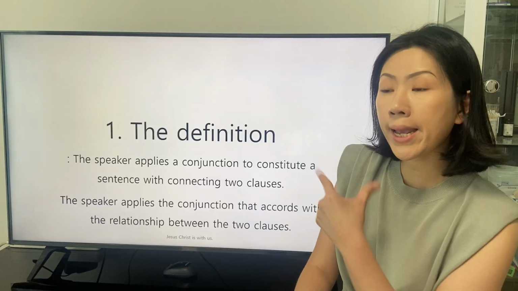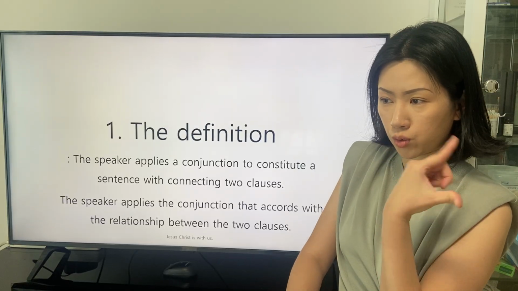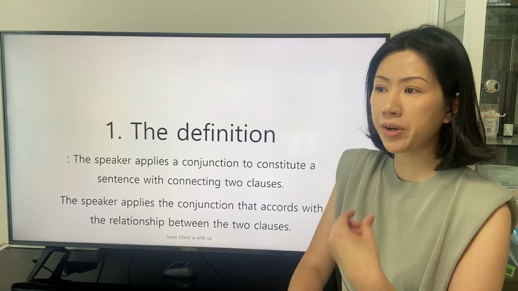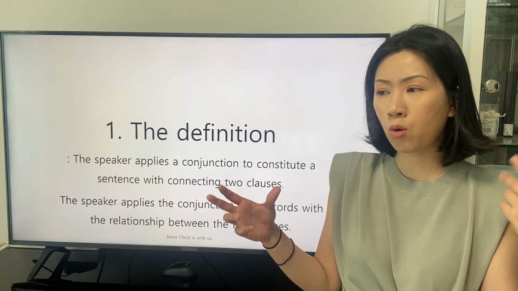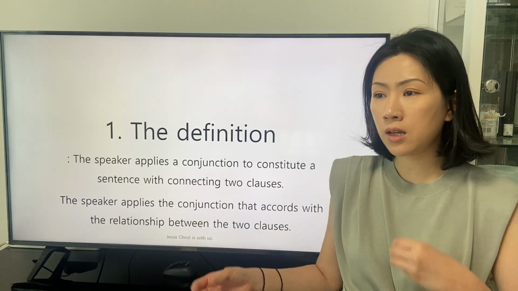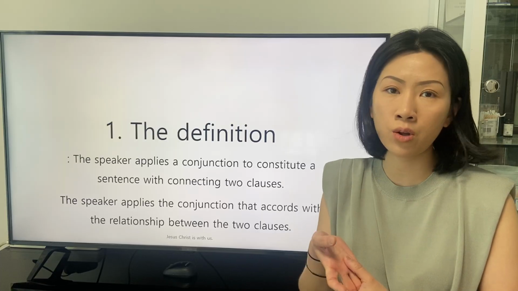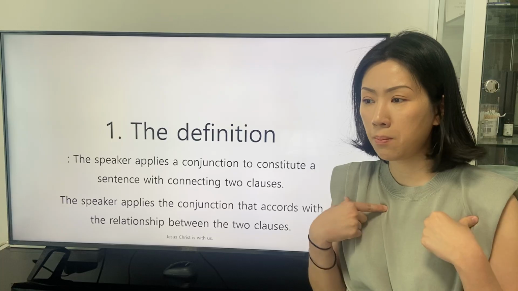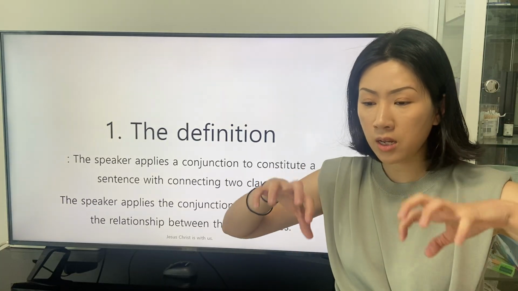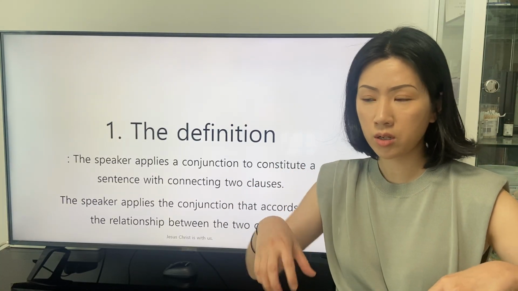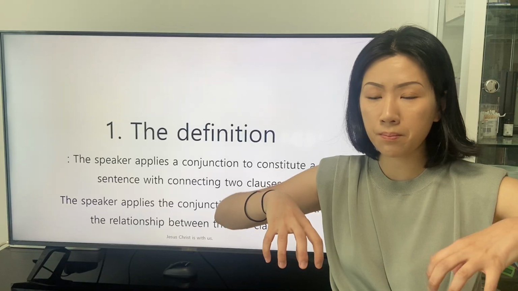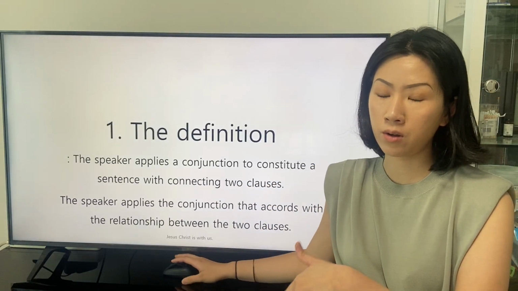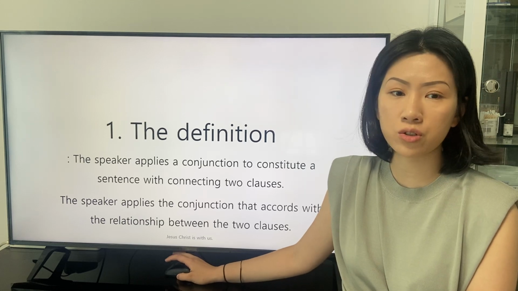The way that the speaker selects the appropriate conjunction, the coordinating conjunction, depends on the main intent included in each clause. The logical relationship may determine the sort of the coordinating conjunctions.